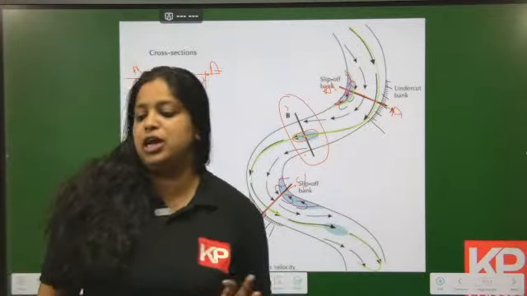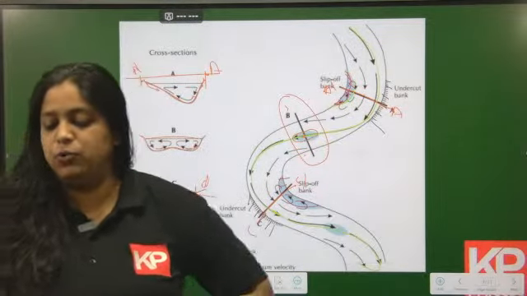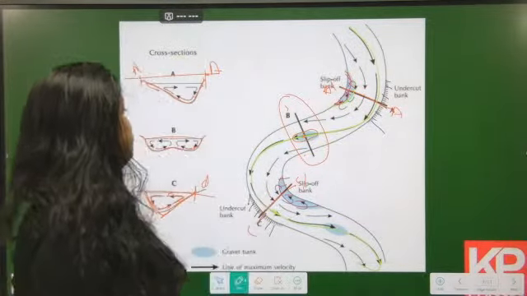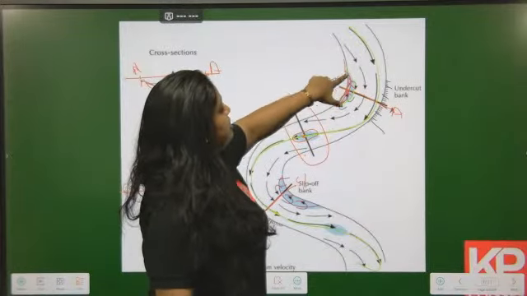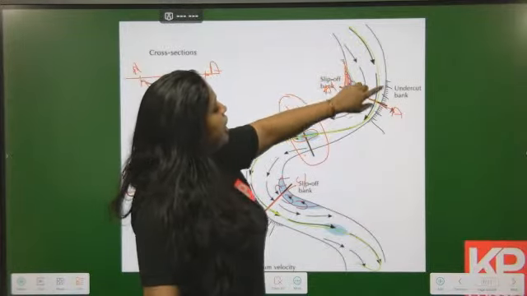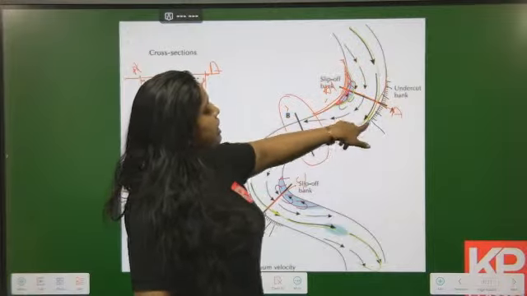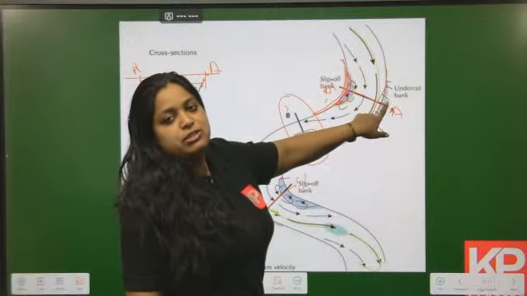Okay, so this is the peculiarity of a meandering channel. In a meandering channel, deposition happens at this particular side, which is the convex boundary. At the concave side, undercutting or erosion is what is prominent.